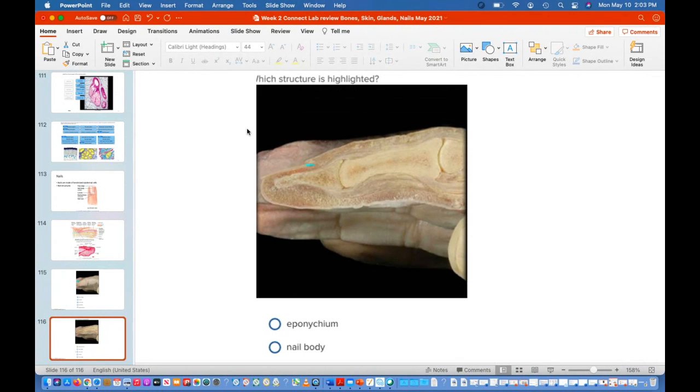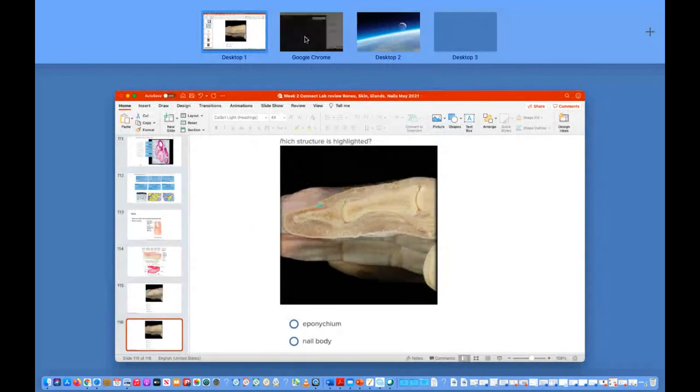You could pick up protein deficiencies, zinc deficiencies, a lot of metabolic issues and a lot of diseases can be picked up just by looking at the color, the shape, and the texture of the nails, which is why the art of inspection is so important when doing a physical exam.